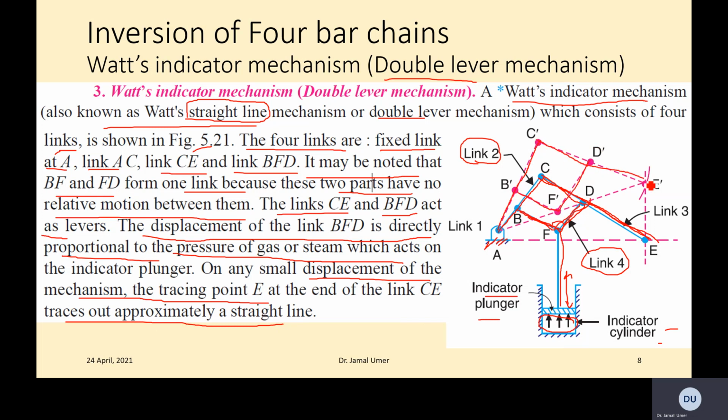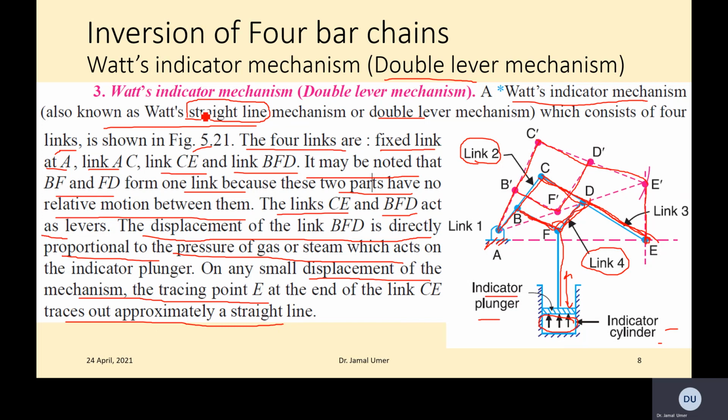Link CE is moving upward, so point E has now covered a linear distance to E dash, a straight line movement.